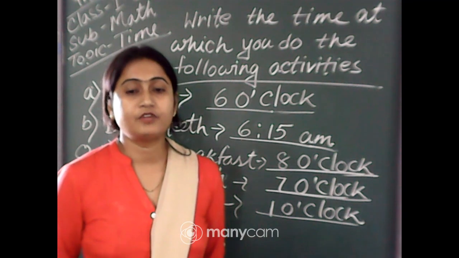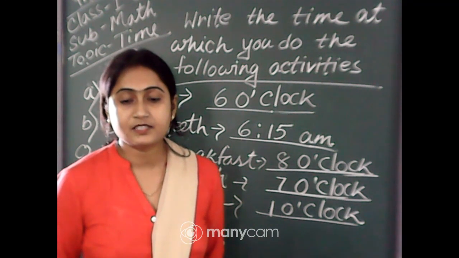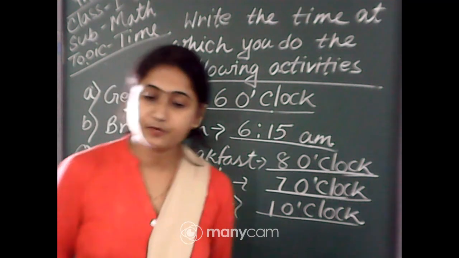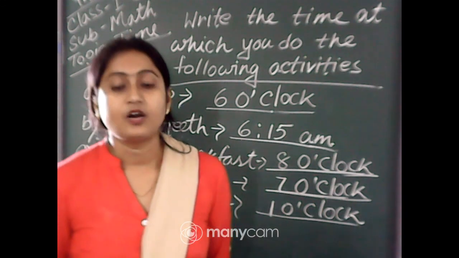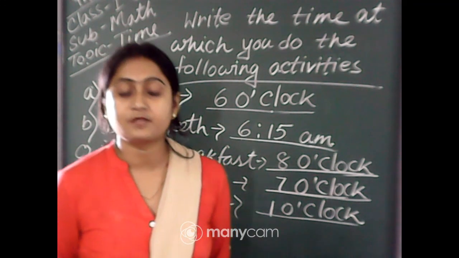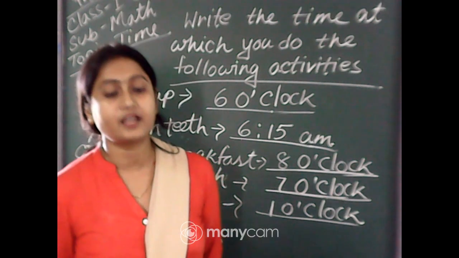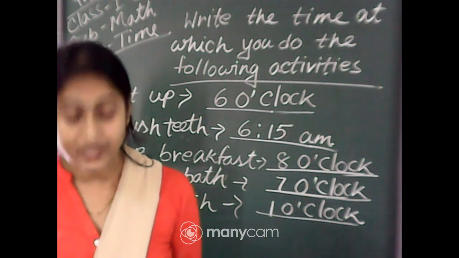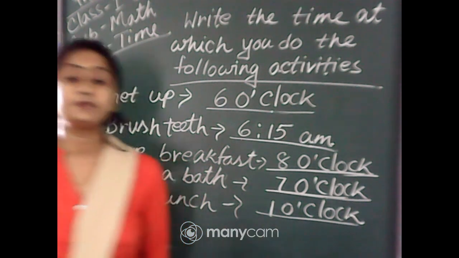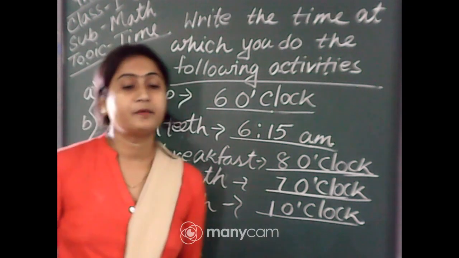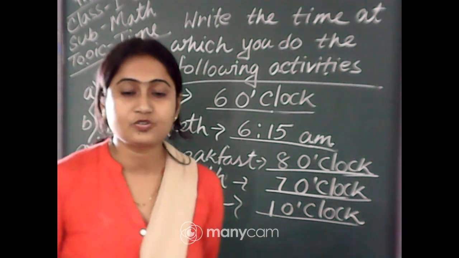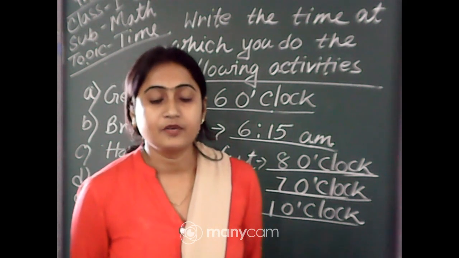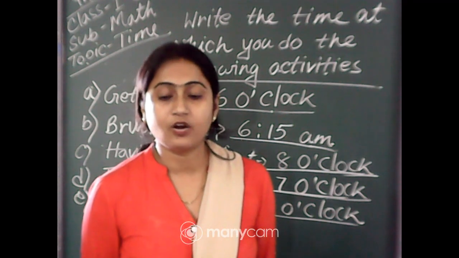Chapter numbers 1 to 6 of your math magic book, and whatever pages we are doing, you have to practice. And all the questions will be MCQ, multiple choice. You have to choose the correct option. Okay, beta.